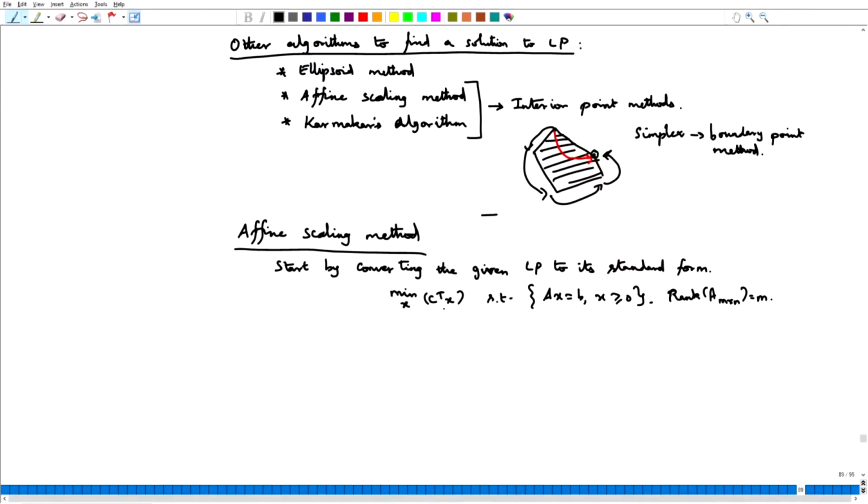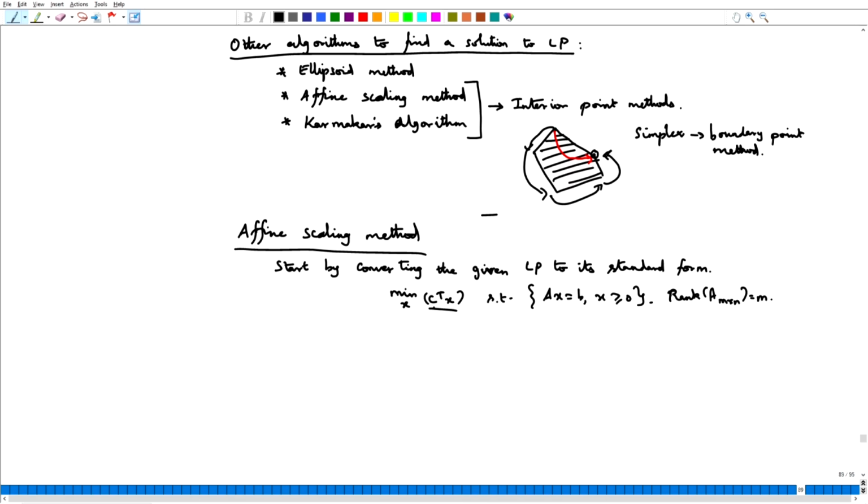So, the gradient of the objective function is just C here. The objective function is C transpose x and the gradient is C. So, the negative of the gradient is minus C. Okay. So, great. So, are we just saying that the descent direction at each step is minus C?